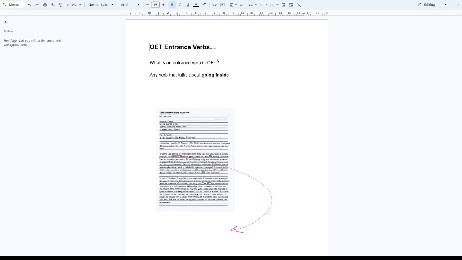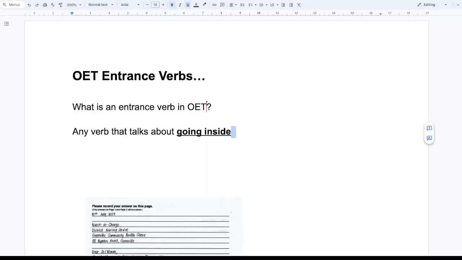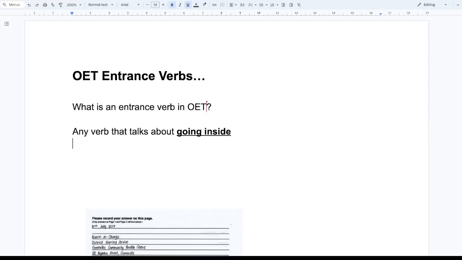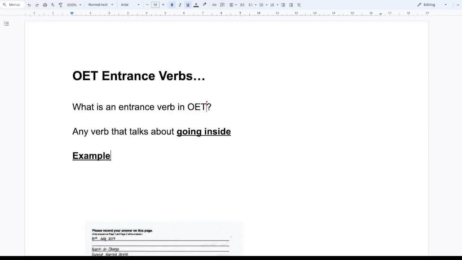Now let me make the screen a bit bigger so you guys can see this. I've got an example here for you. Here is an OET letter from our school.